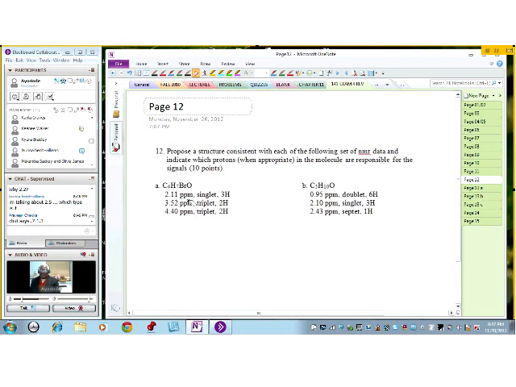If you notice here, this question is the reverse of the question we just did. In the question we did, we told you to give us the proton NMR data. We gave you the structure. In this case, they have given us the proton NMR data. Now they say, give us the structure. Okay?